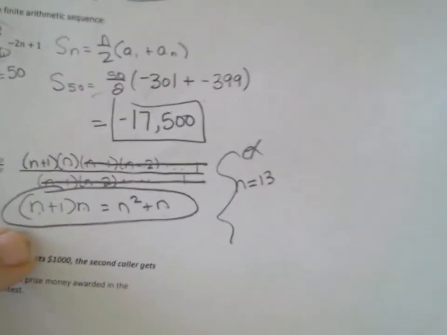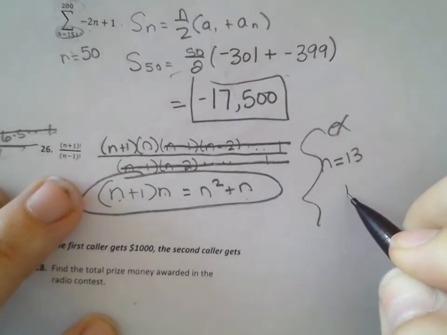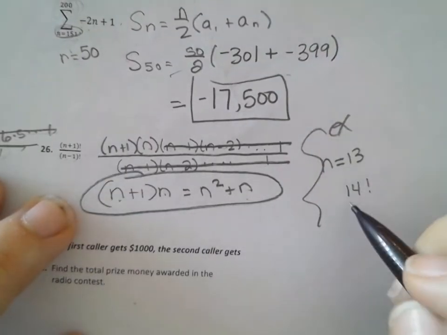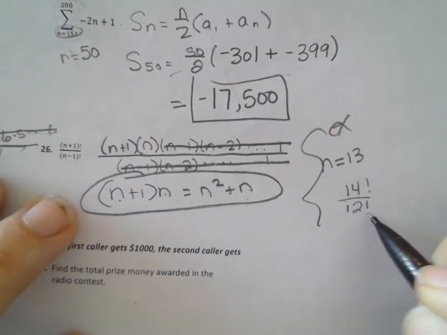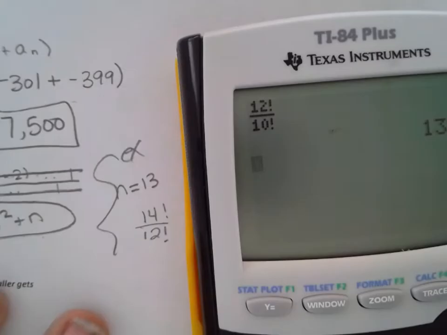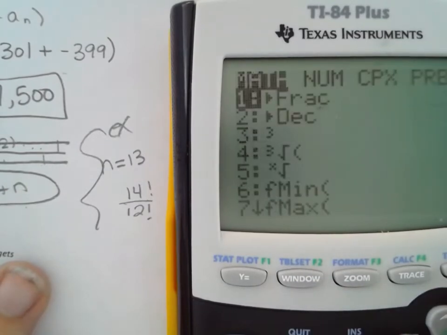Okay. Well, if I plug this in, 13 plus 1 is going to give me 14 factorial. And then 13 minus 1 is going to give me 12 factorial. I can do that into my calculator really quickly. 14 factorial over 12 factorial.